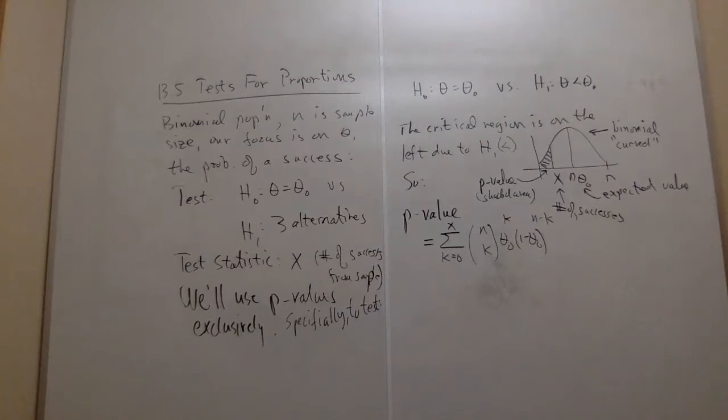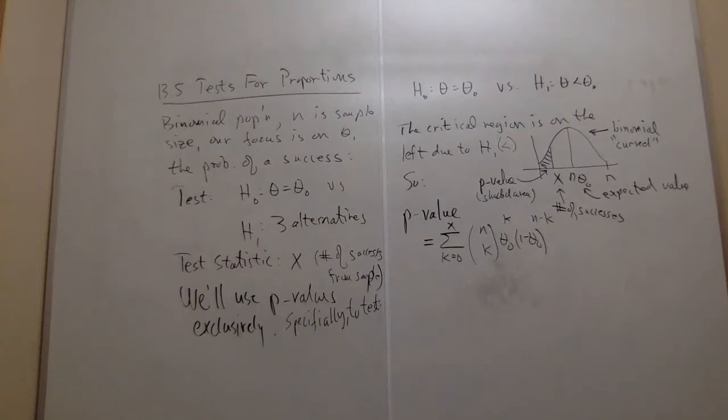Our test statistic is just going to be the number of successes that we got from our sample, X. And we could use a traditional test, and maybe we'll talk about this in a minute. But right now I'm going to say we're just going to do p-values. We have a binomial population. We know the PDF for that, and we have powerful computers.